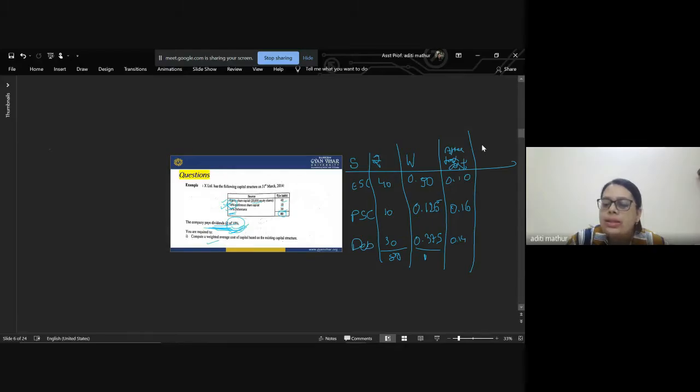And now let us just calculate weighted cost. How? Let us just multiply 1 and 2 and get the weighted cost. So over here it is going to be 0.05, and when we multiply 0.125 into 0.16, we will get approximately 0.02.